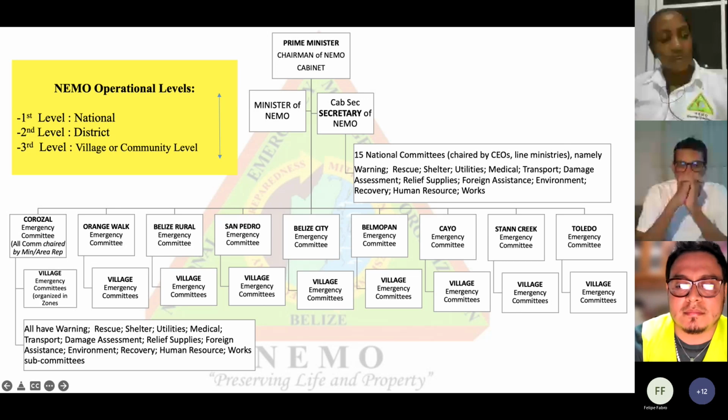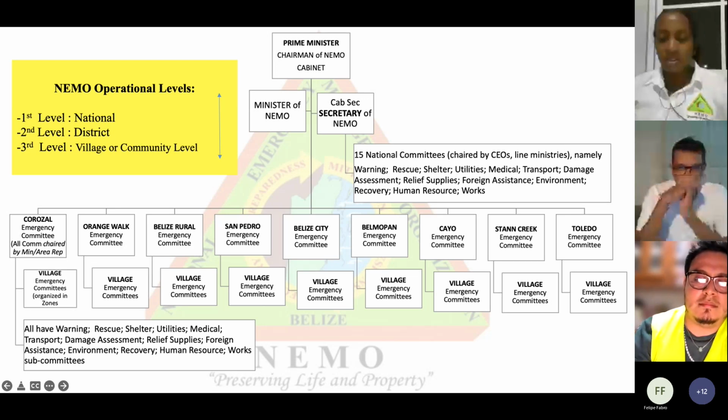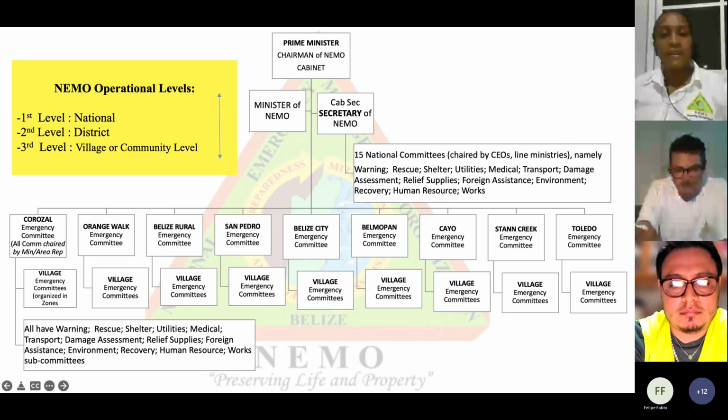Okay. All right. So you guys know at the district level, that's where your emergency operation centers are physically located. The other slide, again, reminder, and we went over this previously, would be the 15 national committees. All right. The next slide.